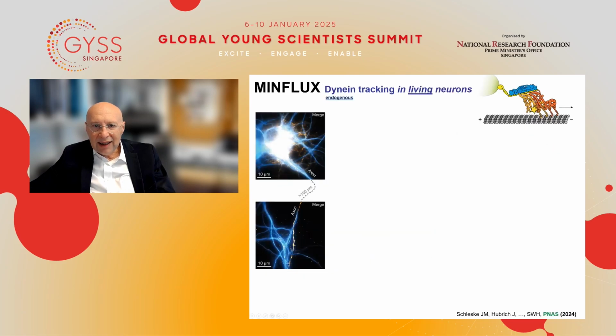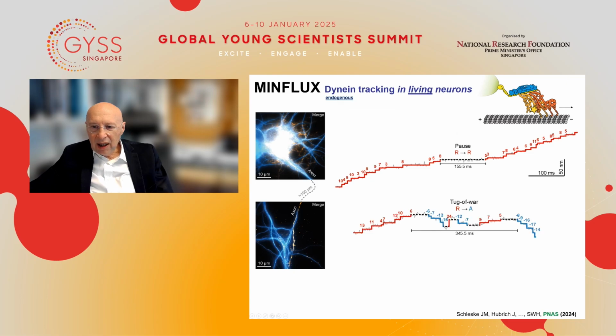We also looked at dynein, of course, endogenous dynein that was labeled with a new method directly in a living neuron, in an axon. And here we could see so-called pauses for a long time. People think there is a kind of tug of war between dynein and kinesin to change directions, because dynein transports just in the opposite direction, from the periphery to the nucleus.